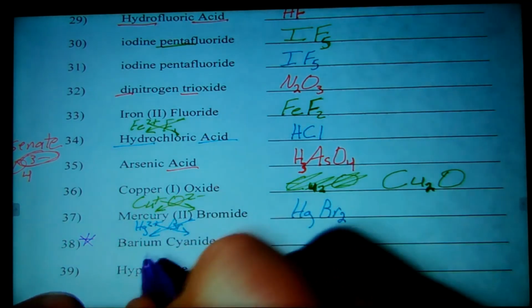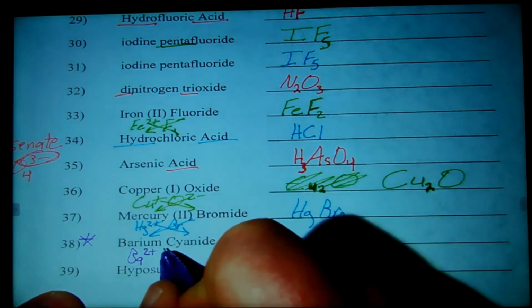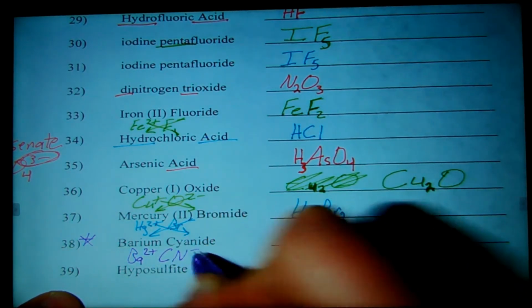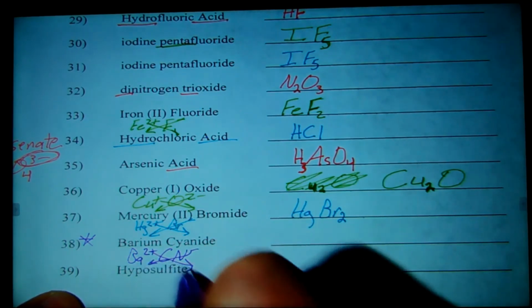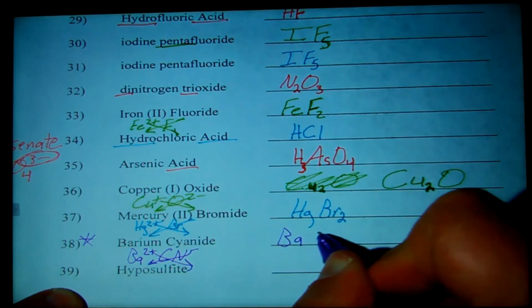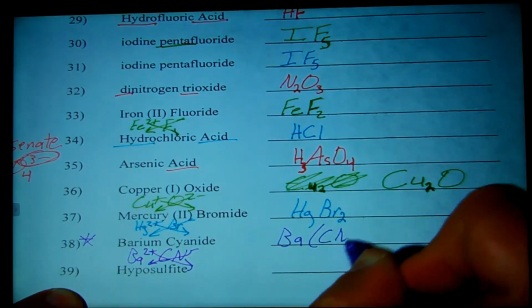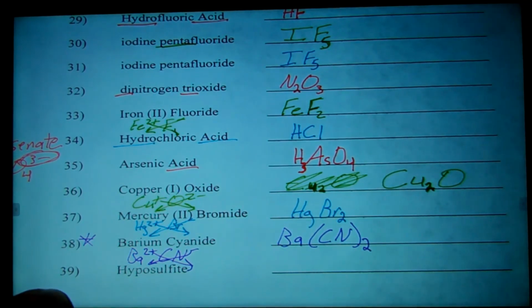So we have barium, which comes from the second column, Ba2 plus. Cyanide is CN negative. Negative 1 comes down, and positive 2 comes down. So Ba, but we need 2 of that cyanide, so Ba(CN)2. Hopefully you caught that.